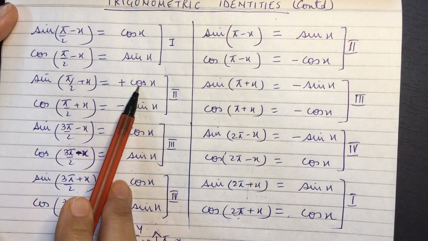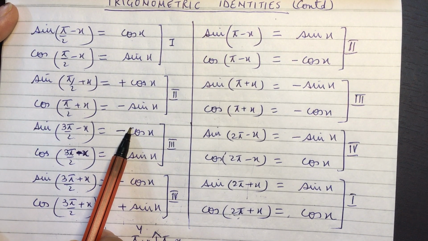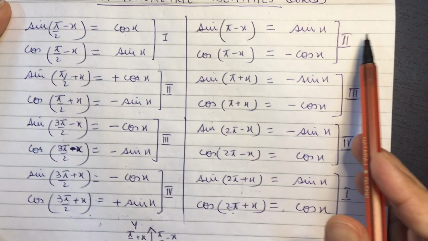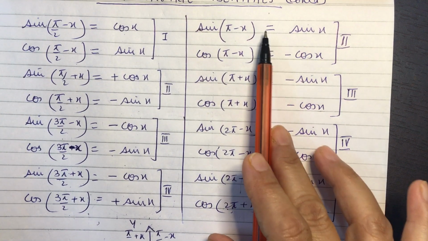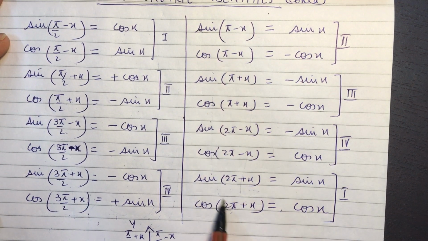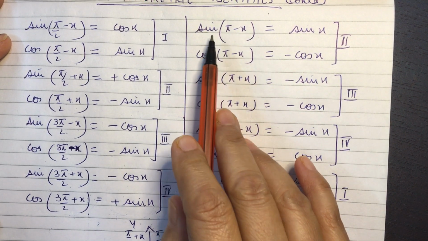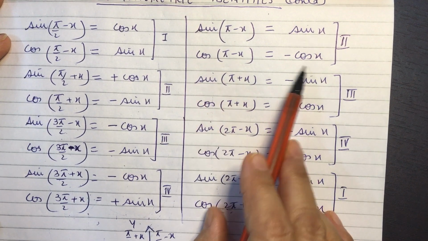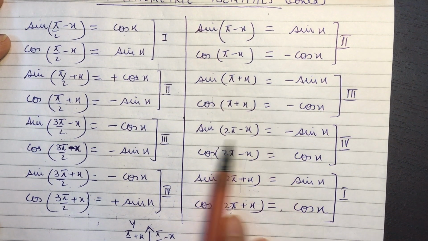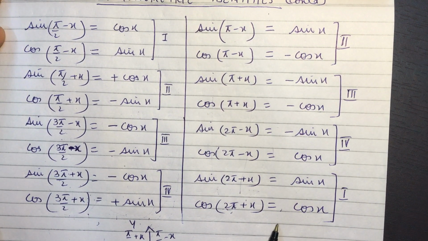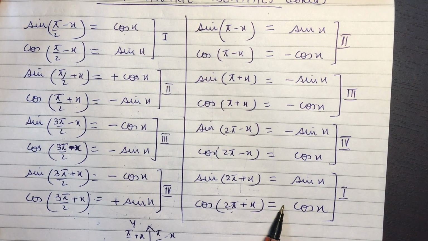Whereas if you observe in the right column, where the angles are about the x-axis, we observe that sine remains sine, cos remains cos for all these angles. This is the first point which we have noticed.